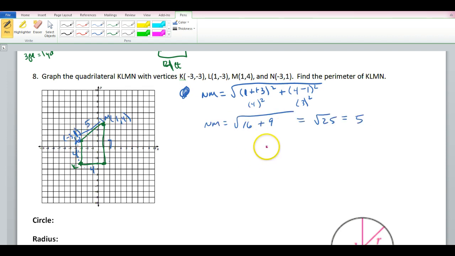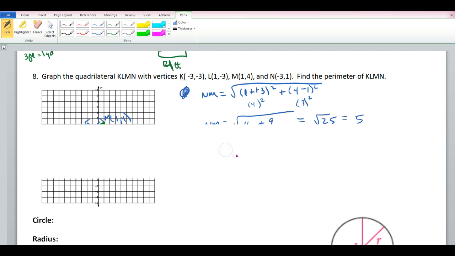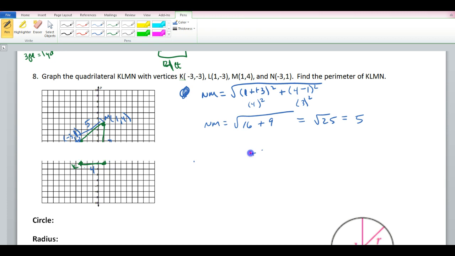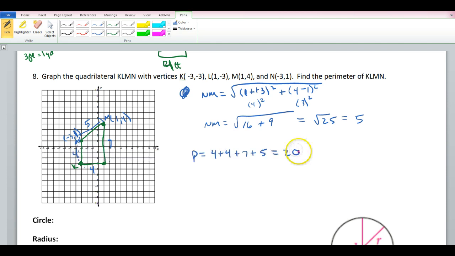So now that we have all 4 sides of the figure, the perimeter would be very easy. 4 plus 4 plus 7 plus 5, which would give us 8 plus 7 is 15 plus 5 is 20. Since they don't really give you units, it could be measured in inches or whatever, so we would just put units down for that.